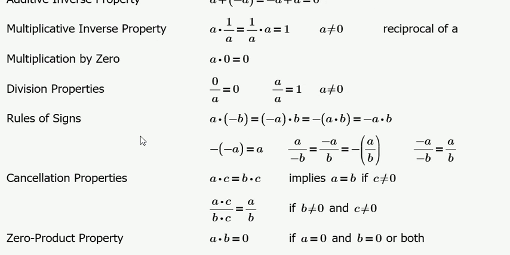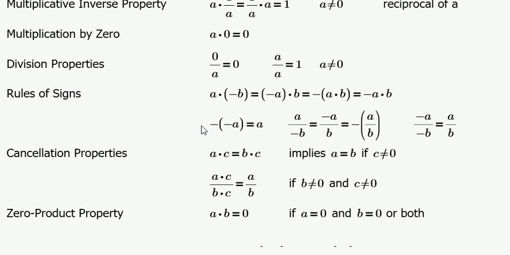Rules of signs: if there is one negative sign and one positive sign in multiplication, then the output is on the negative side. A times minus b, minus a times b, and minus of a times b are all the same. If there are two negative signs, then the output is on the positive side.